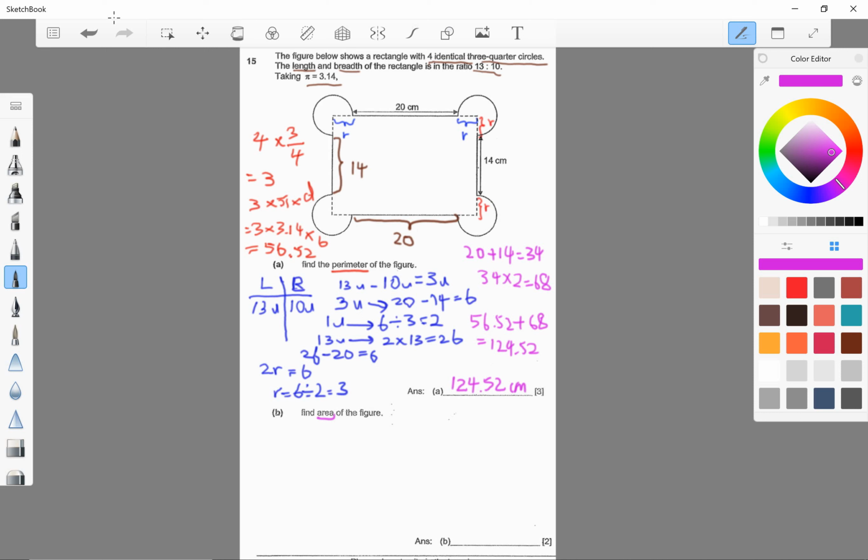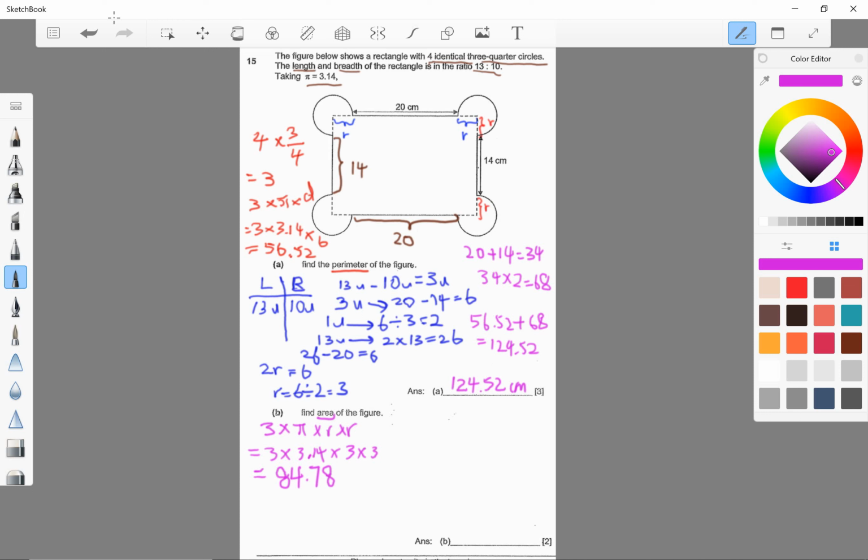So what would actually be the length of the rectangle? It has already been given to us. If you recall, in part A, we were told that the length and breadth of the rectangle is in the ratio 13 to 10. So bear in mind, it's not 13 cm to 10 cm. Rather, it is 26 cm for the length. Let me just write it down. So the length is actually 26.